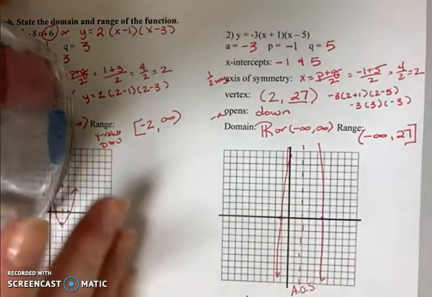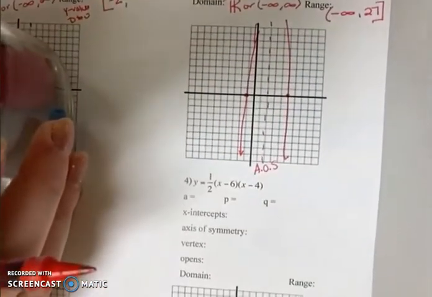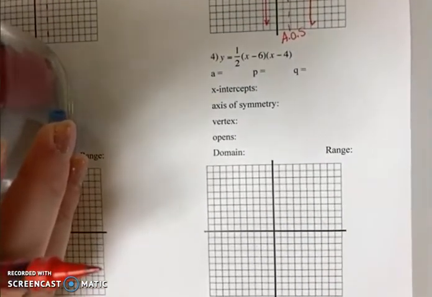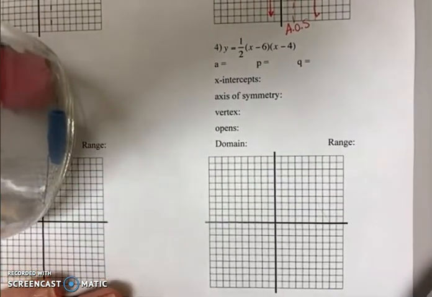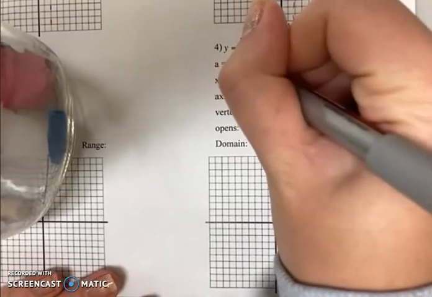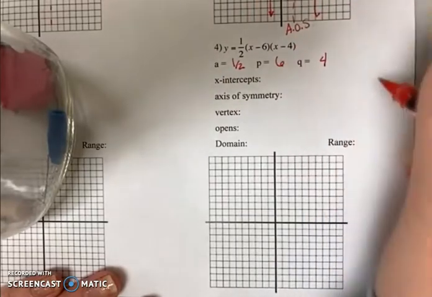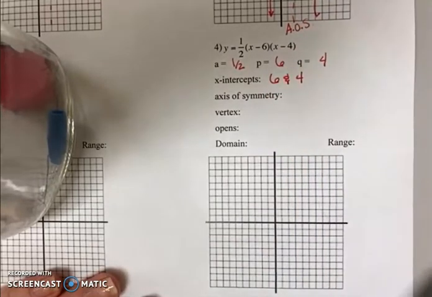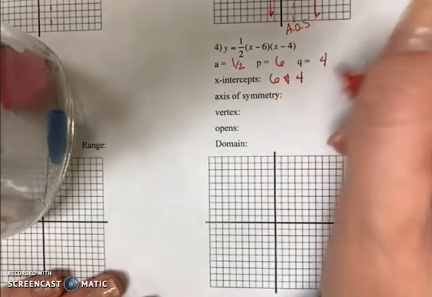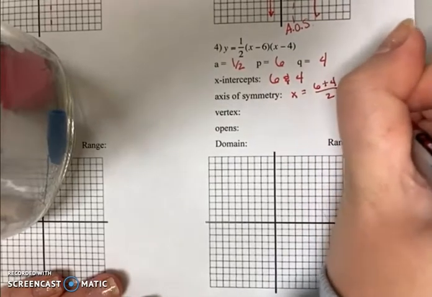We're actually going to skip number 3 and go straight to number 4. Okay. Number 4, a is 1/2, p is 6, q is 4. The x-intercepts, remember, are p and q, so that'd be 6 and 4. And then the axis of symmetry is halfway between that, or you could just find the average of the two.